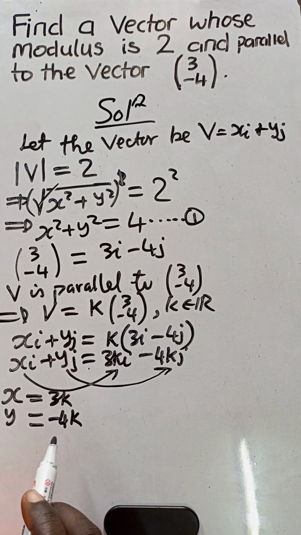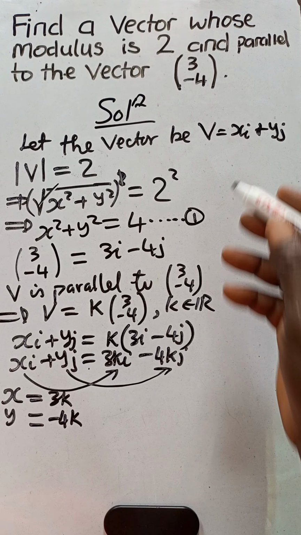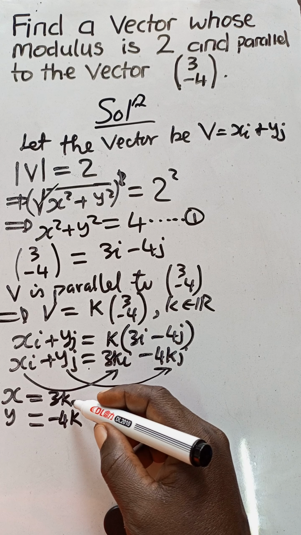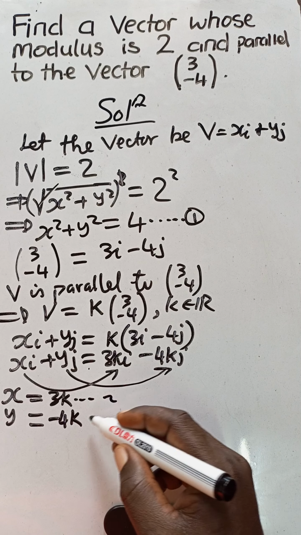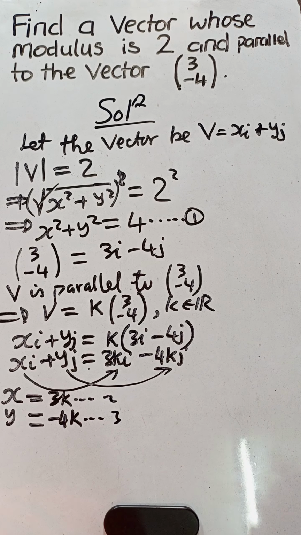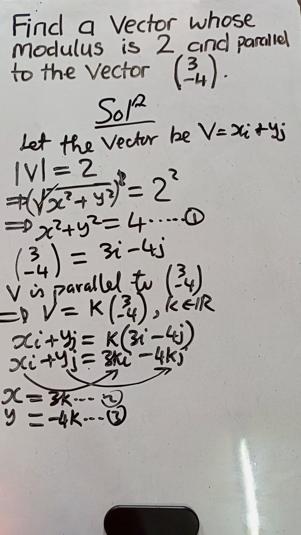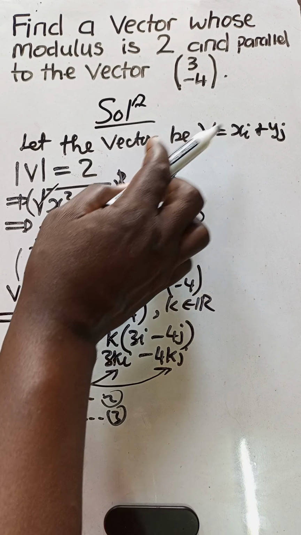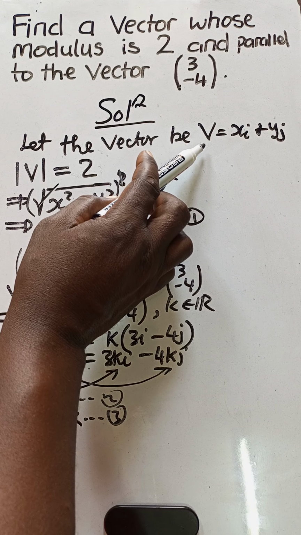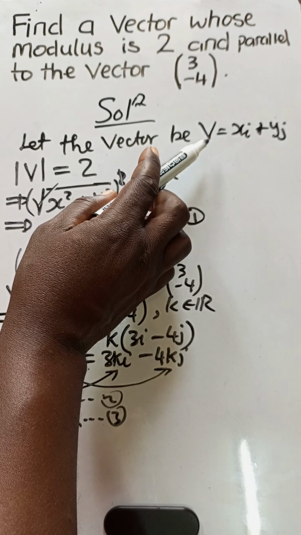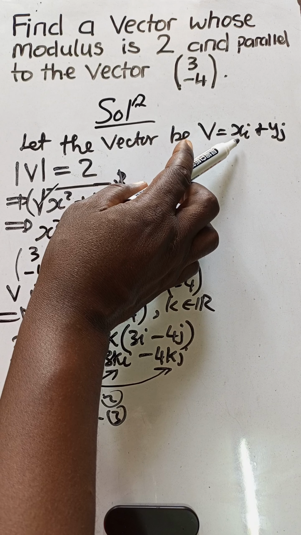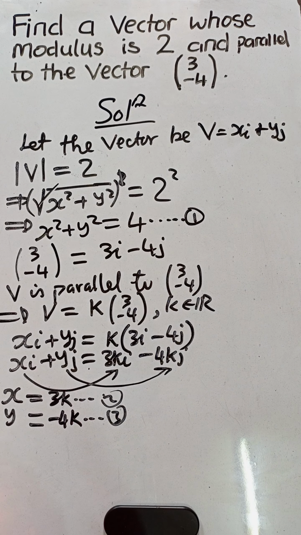Now we have equation 1, and we can call this one equation 2, and this one equation 3. Remember, we are looking for x and y in order to get the vector v. Our question is asking us to find the vector v. So we need to get the value of x and the value of y.